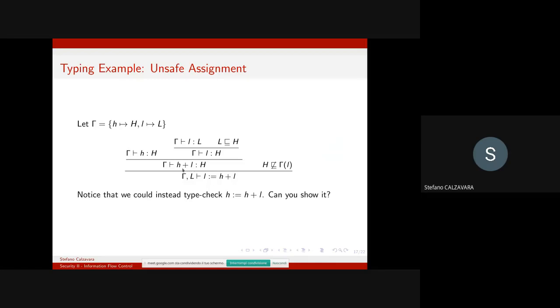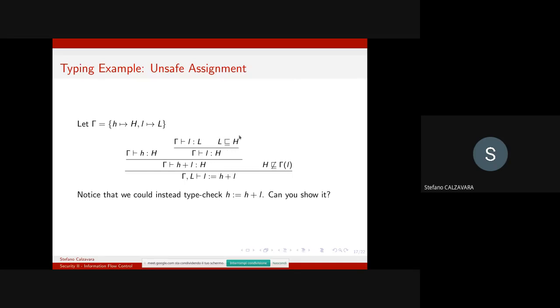Intuitively, which is the type that we expect for such an expression? The type we expect is high, because we are adding confidential data with public data, so the result should better be protected. And indeed, we are able to give the high type to this, because variable H has the high type, and we are able to give the L variable the high type because L is low, but L is less or equal than high.